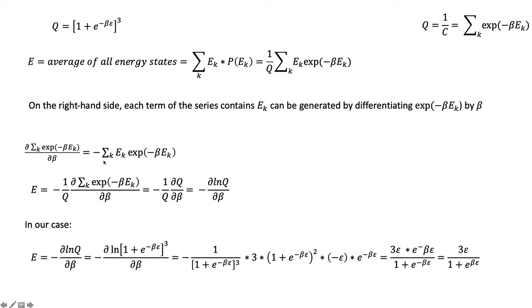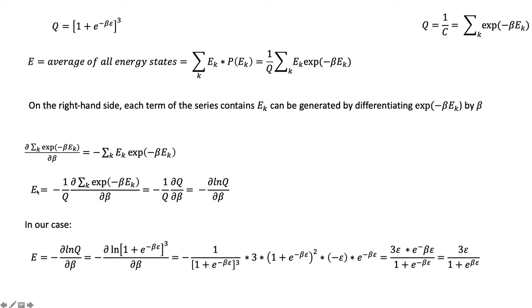Through this method, if we take the right-hand side term and differentiate it with respect to beta, we get negative the sum of ek times the exponential of negative beta ek, because differentiating with respect to beta gives negative ek.